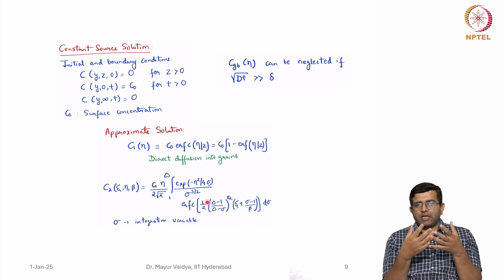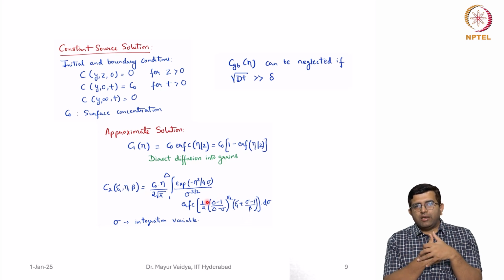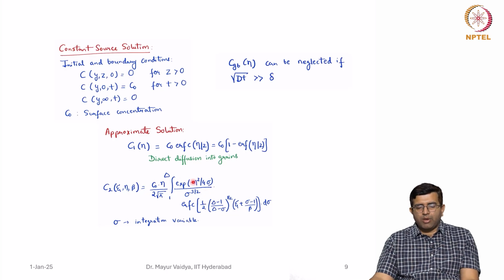I do not expect that you memorize this equation. The derivation of this is quite tedious, and this is given by this rather complicated expression where sigma is an integral variable, but it depends upon all the three: eta, psi and beta.